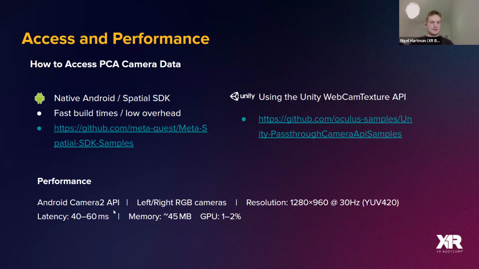And about the performance, the tool is using the Android Camera2 API. So it's built on top of that Android API, which is already existing. It's using the left and right RGB cameras, which you can see here on the MetaQuest. And it has a maximal resolution right now of 1280 times 960 pixels at 30 hertz, which means also a latency of 40 to 60 milliseconds.